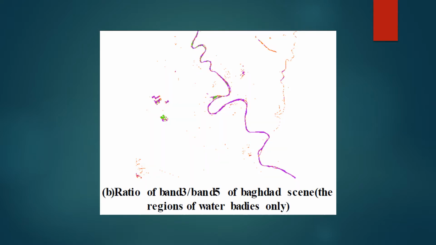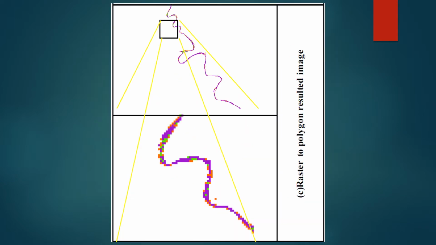The next step in the process is that the surrounding background area and everything except for the water bodies are removed from the image. The raster data is converted to a vector format by using the raster to polygon tool in ArcMap.